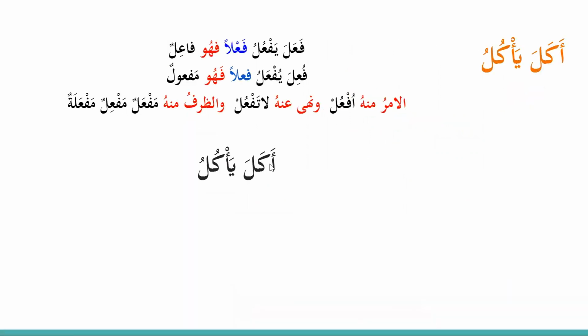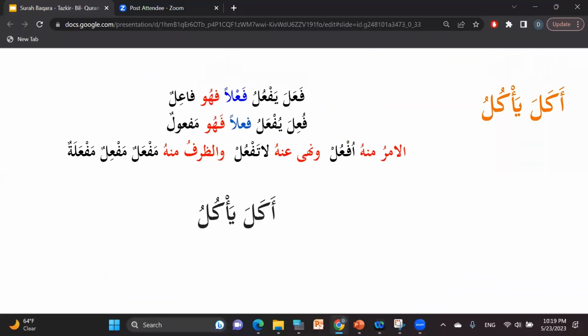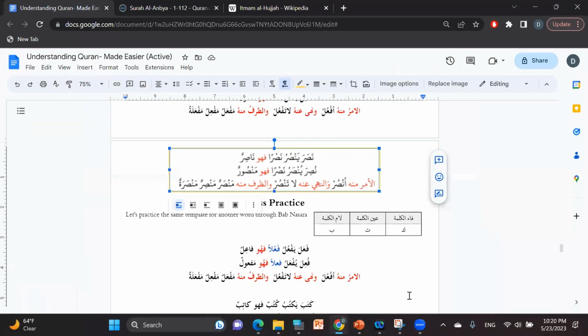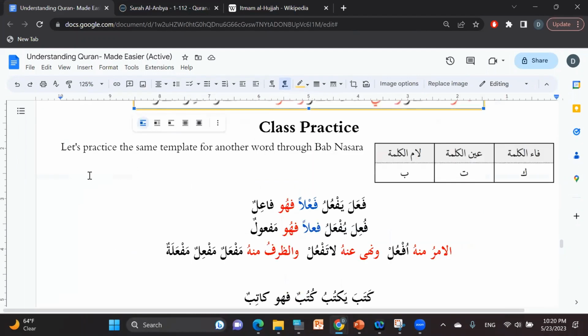Okay. Actually, I'm going to write these past tense, present tense, masdar, and others. So let's go to the Google Docs. Hold on. Let me zoom in.